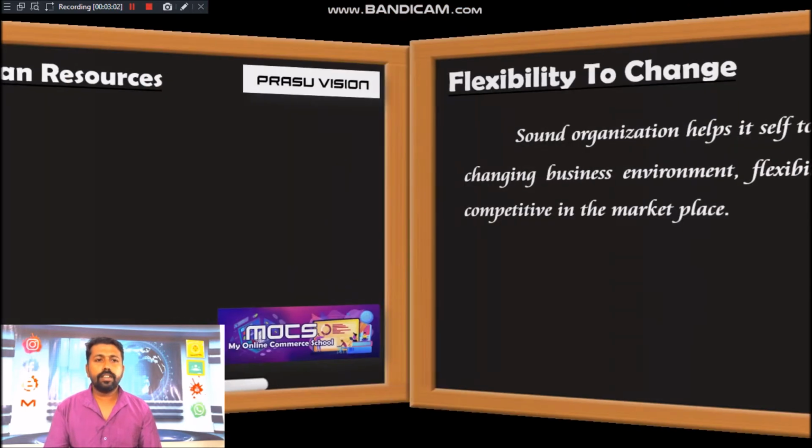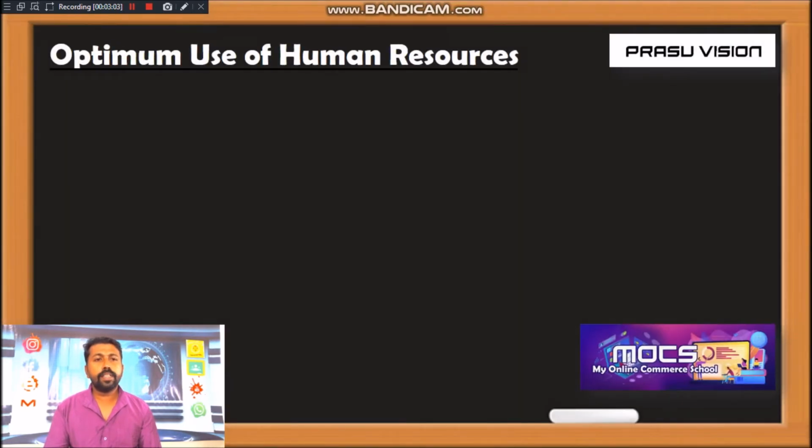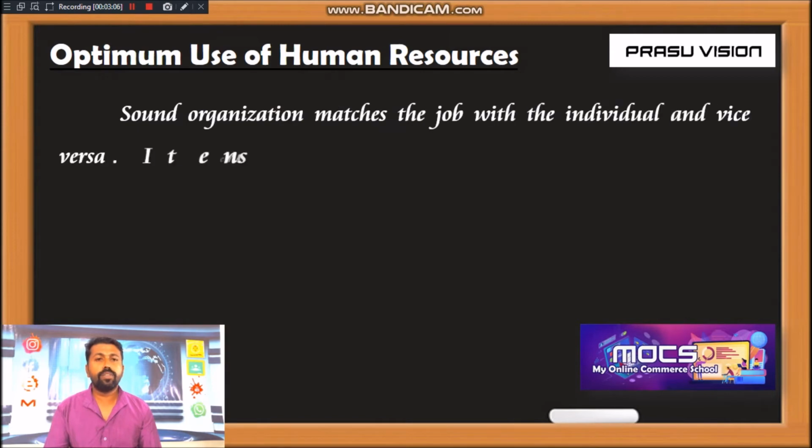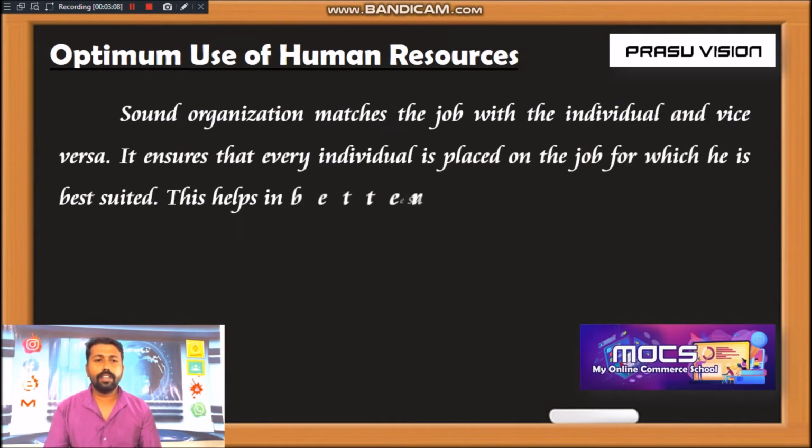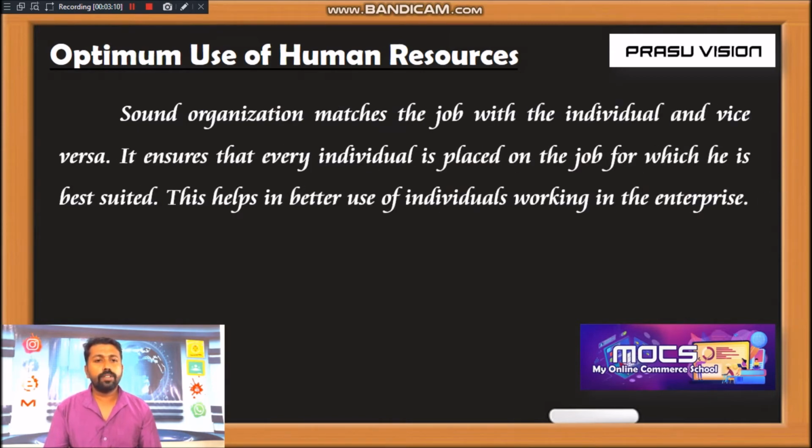And the next one is that it helps for the optimum utilization of human resources in an organization. Not only human resources, all the resources in an organization. As we learned earlier, optimum use of all resources is possible when we arrange, when we organize all the materials, maybe human or non-material resources, in systematic order.